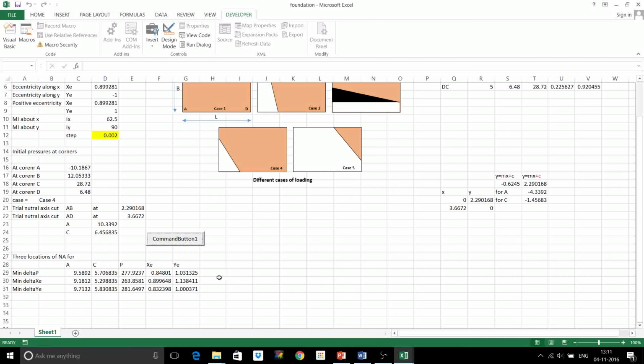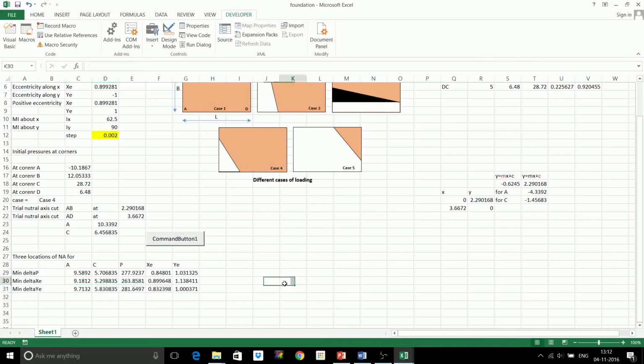So here you can see first is error for P, that means 277.9 is very close to 278, and the position of neutral axis is at A equal to this and C. Then next step we have found out the position of neutral axis for minimum error in XE, and that XE is 0.899, very close to 0.899. Yes, it's correct, and that is equal to A as this and C as this, and for delta YE this, and this is the value.